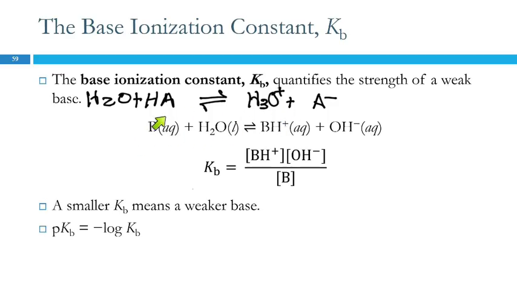If Kb is large, it goes more towards the products and it's stronger. So large Ka, stronger acid, large Kb, stronger base. And then we can also talk about pKb, which is just the negative log of Kb. Any questions?